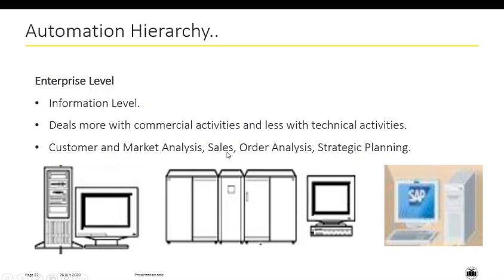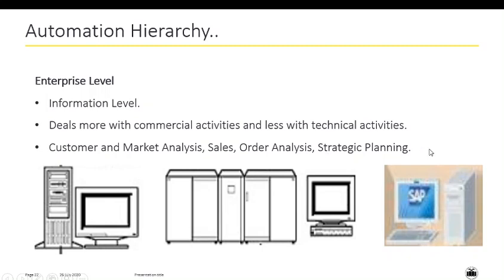Various sales order analysis, to see what is going wrong in the market, can also be done at this enterprise level. Based on the information received, you can take the appropriate action and enable the further production level, supervisory level, control level and field level.